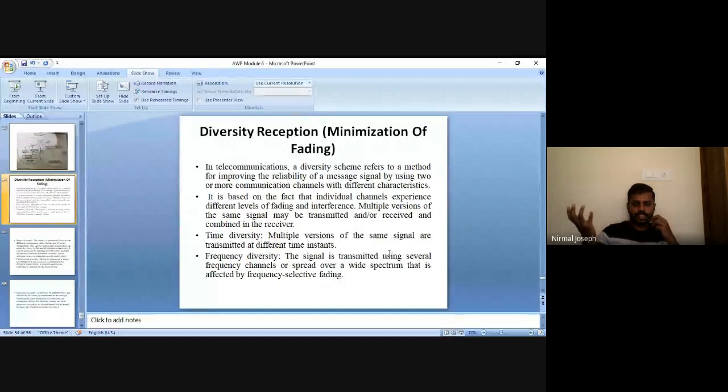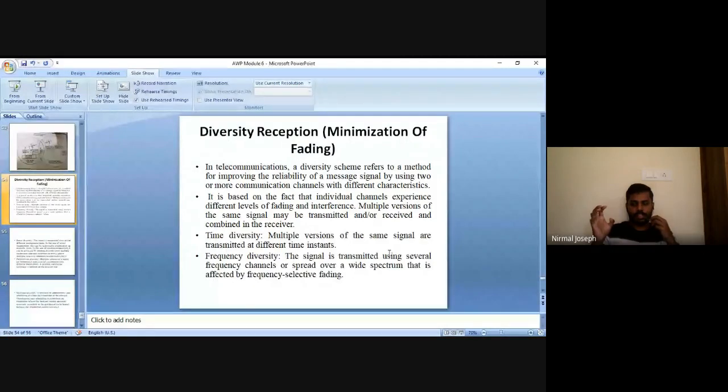Next is frequency diversity. The signal is transmitted using several frequency channels. Multiple versions of the same signal are transmitted at different frequencies or frequency channels, or spread over a wide spectrum that is affected by frequency selective fading.